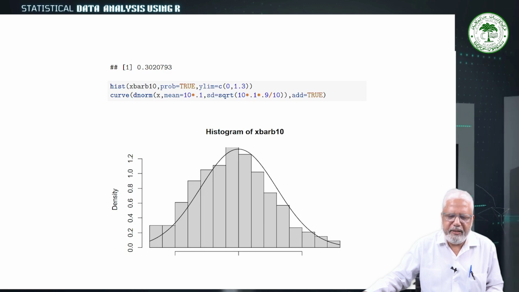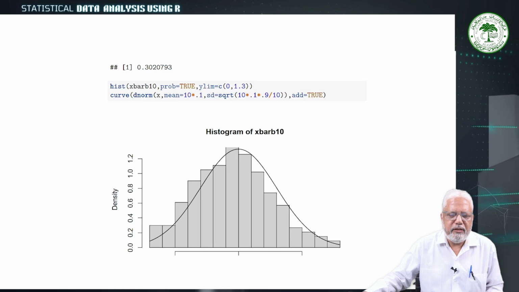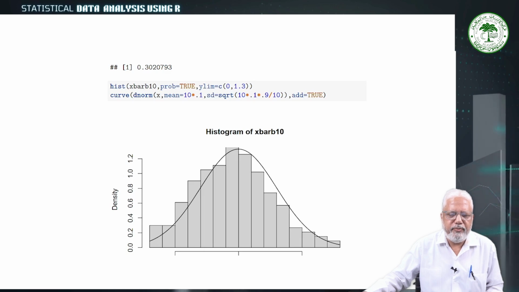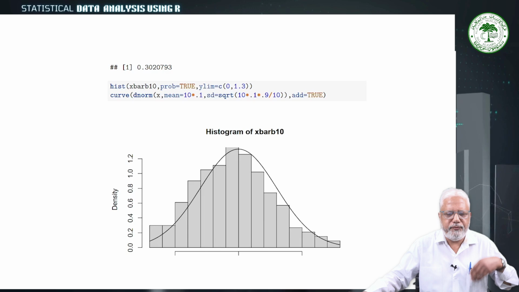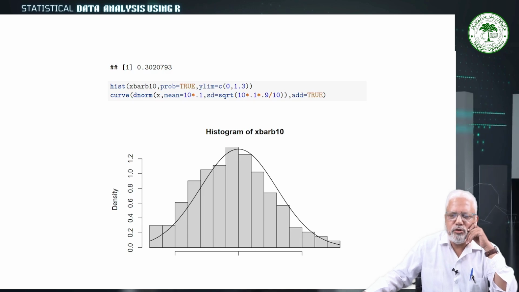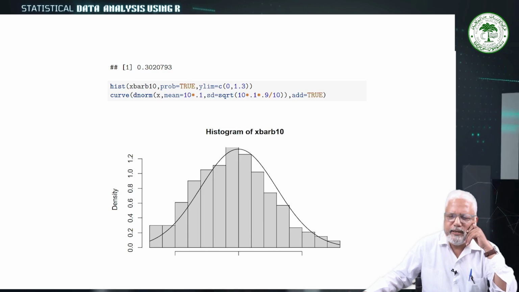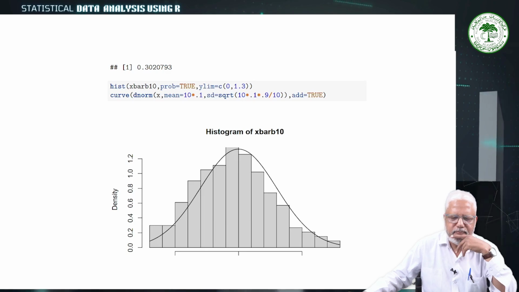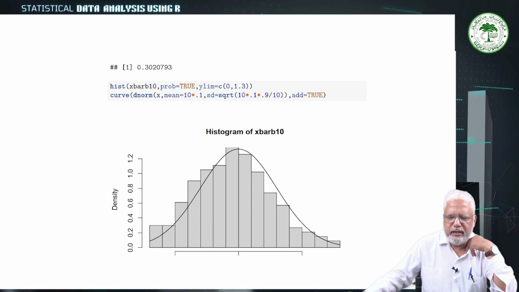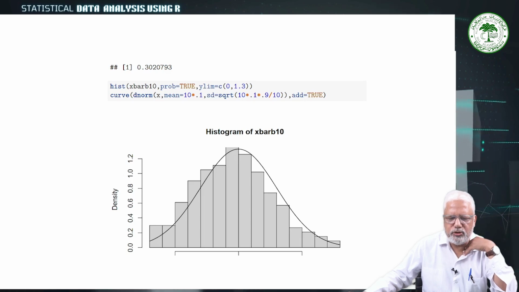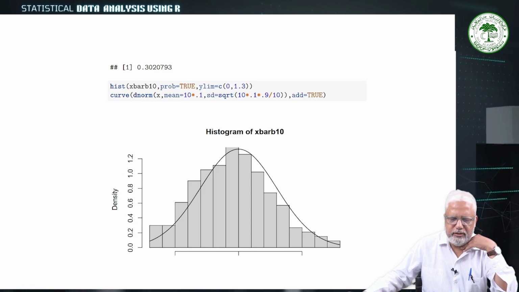But see what happens. The curve dnorm x, mean is equal to 10 into 0.1, SD is equal to SQRT of 0.1 into 0.9 divided by 10, add is equal to TRUE. So here you see the histogram shows right skewness.